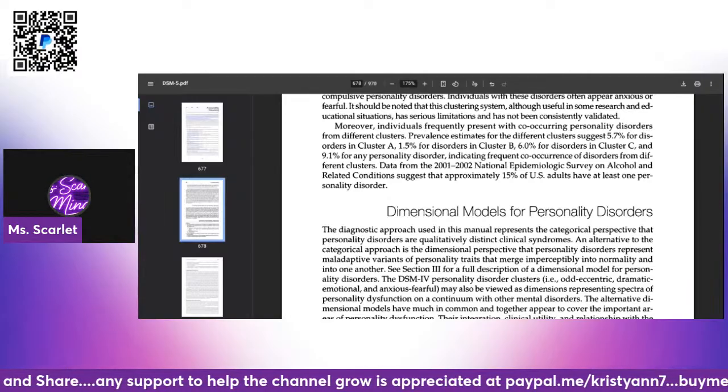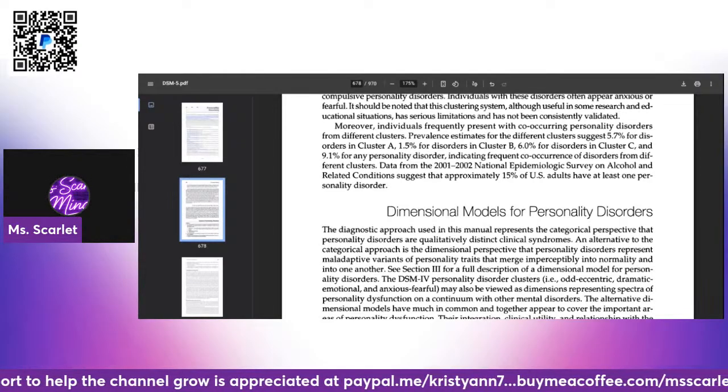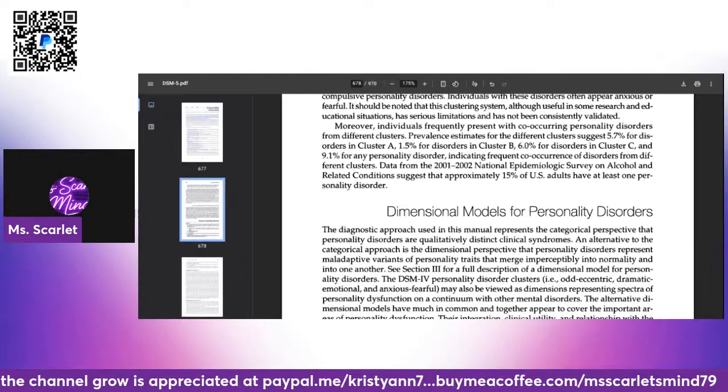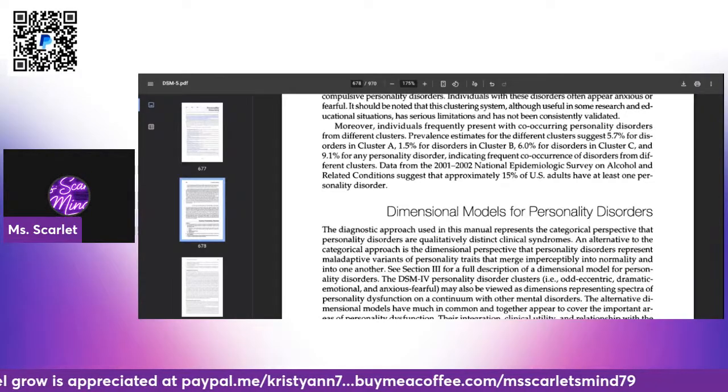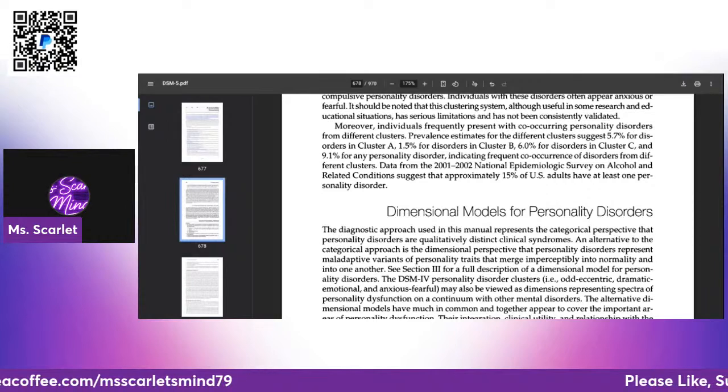Prevalence estimates for the different clusters suggest 5.7% for disorders in cluster A, 1.5% for disorders in cluster B, 6% for disorders in cluster C, and 9% for any personality disorder, indicating frequent co-occurrence of disorders from different clusters.